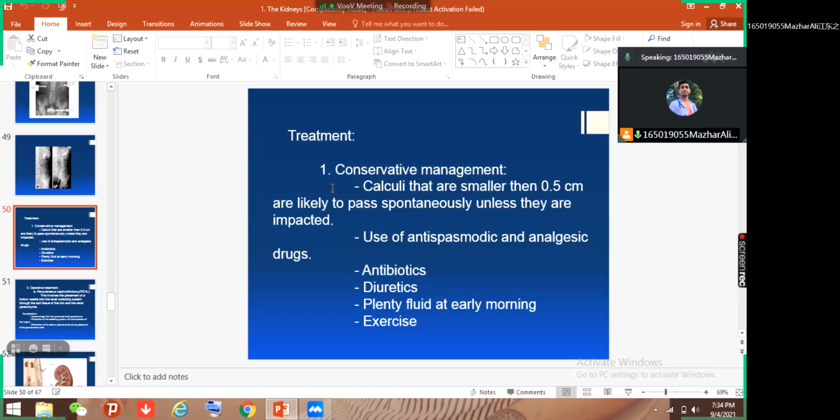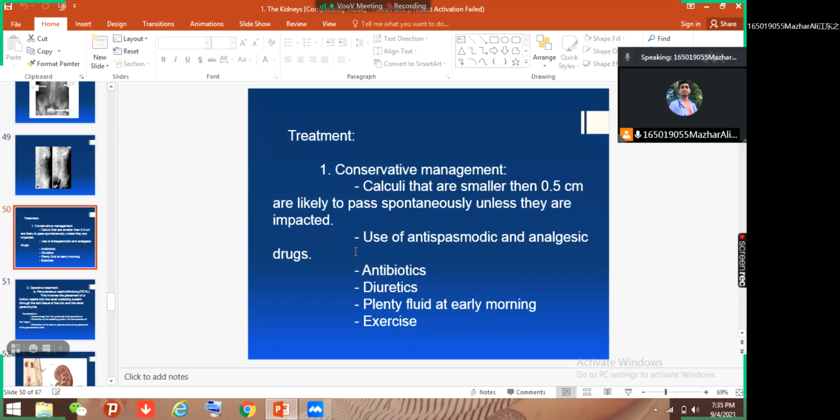If a stone gets stuck anywhere in the ureter, it is because there are normal physiological sphincters, like the upper and lower esophageal sphincters. The same is in the ureter: at the pelviureteric junction, where the ureter crosses the internal iliac arteries, and where it enters the bladder.